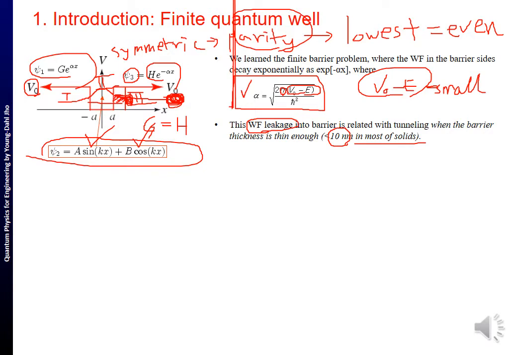Slow decay means there will be more leakage here. So if V0 minus E, in other words the barrier height felt by the electron, is small, then there will be more leakage, right? More leakage. And this means there is a strong tunneling effect.